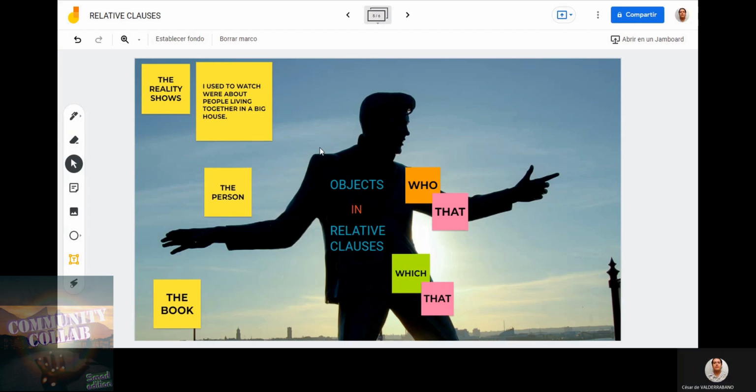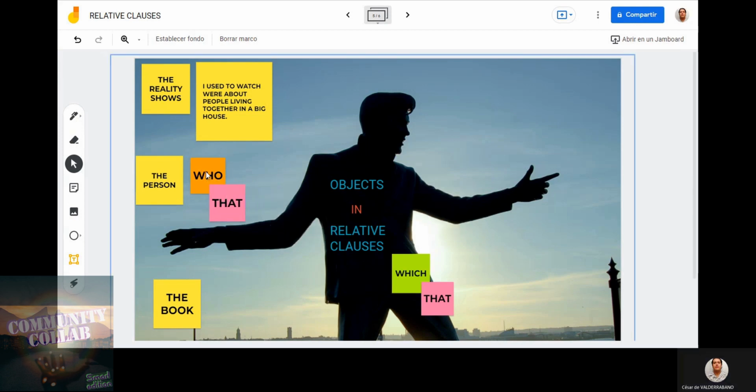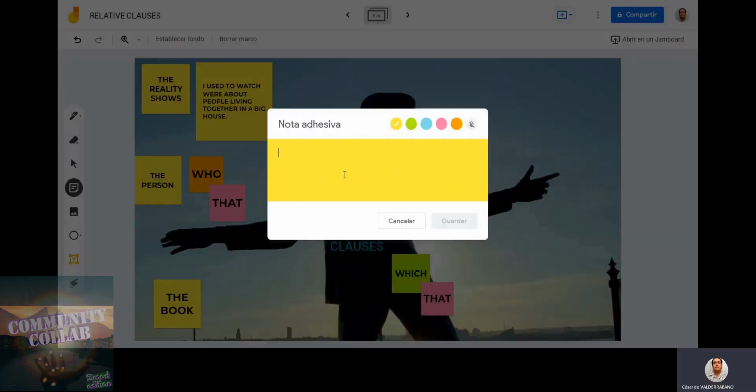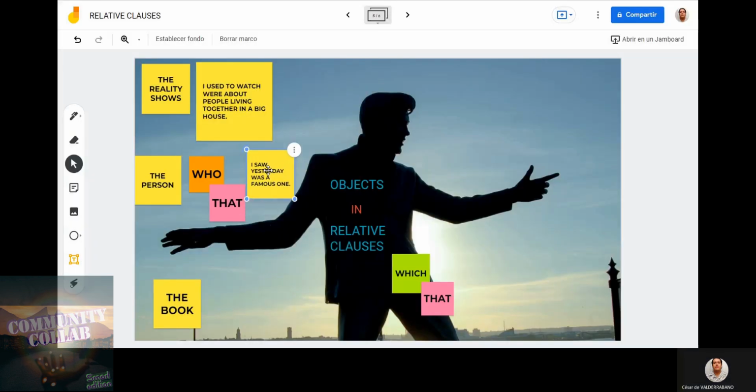We can do the same with another sentence. You have here the person who, or that, we can use these relative clauses: the person who or the person that I saw yesterday. A famous one.